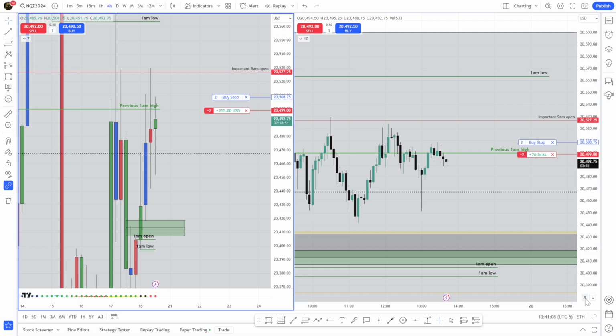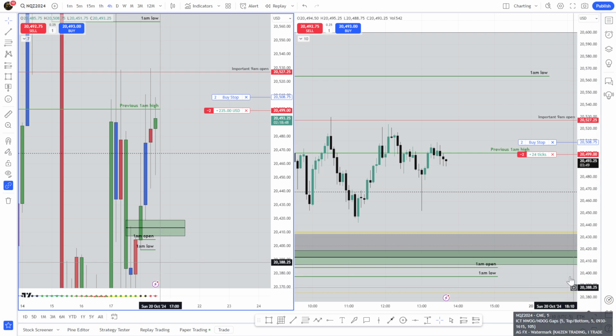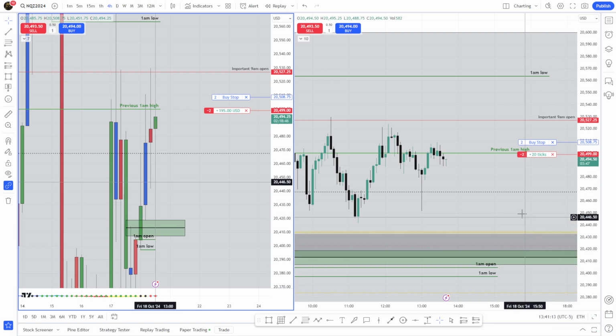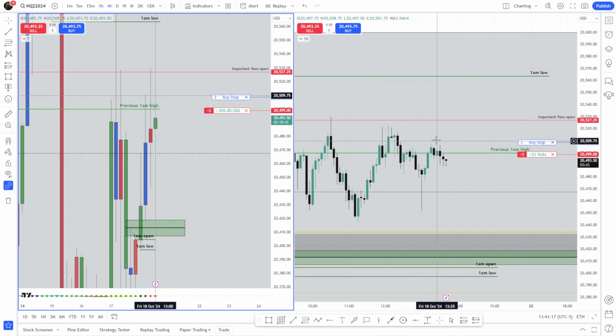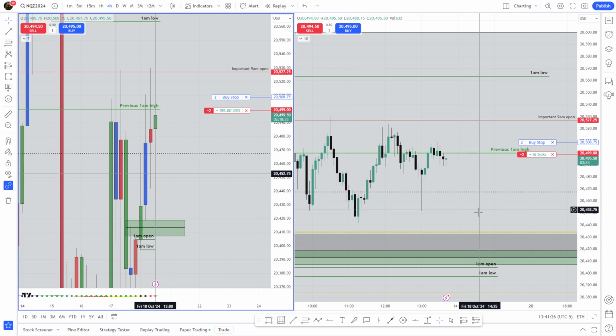I tweeted 40 minutes ago now that I wanted to see price manipulate above 20,500, which was basically where this previous 1 a.m. high was sitting, and then continue lower.